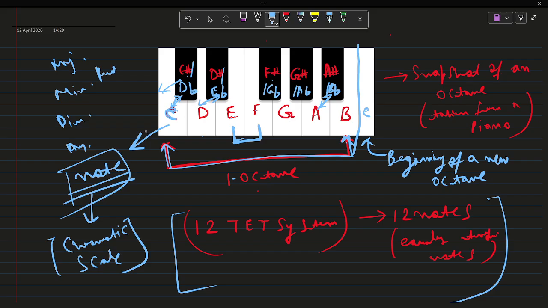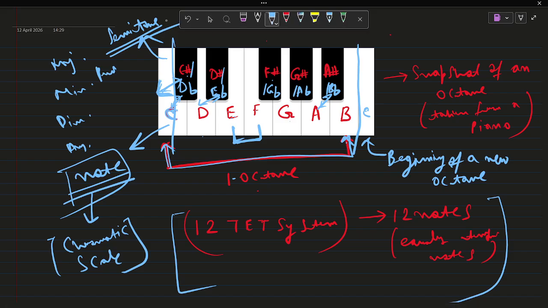If we take any two adjacent notes, we basically get the interval. The interval between any two adjacent notes is known as the semitone interval. Interval means nothing but the distance between two adjacent notes within an octave, right?